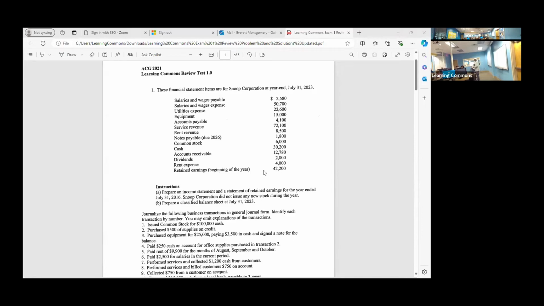You remember? 4. Who can name them? What's the first one we do? Income statement. Then the second one, statement of retained earnings. Then the third, balance sheet. Now the fourth one is the statement of cash flows.